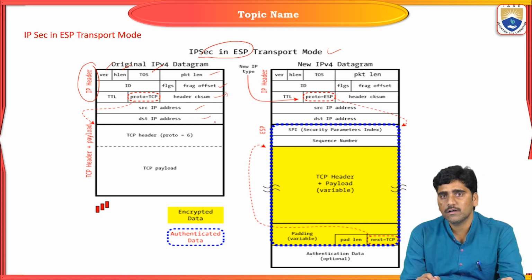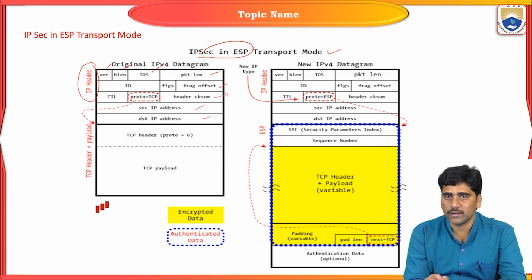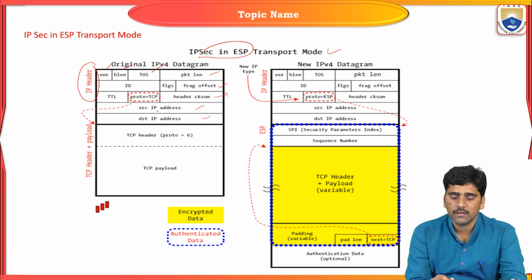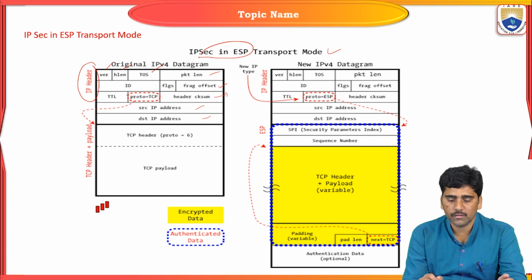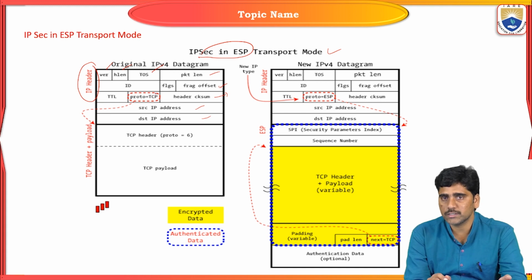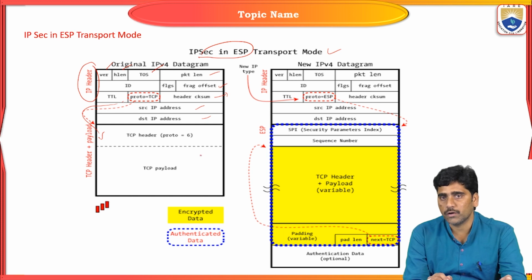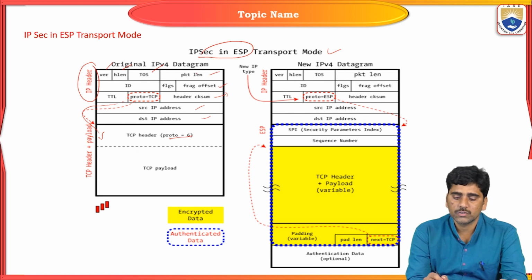These are all the fields contained in the IPv4 datagram. The protocol field indicates the protocol of the next data. Here protocol equals TCP, which identifies the TCP header and TCP payload. That is protocol 6, and the TCP payload. So TCP header plus payload is indicated by protocol equals TCP. So this is the IPv4.